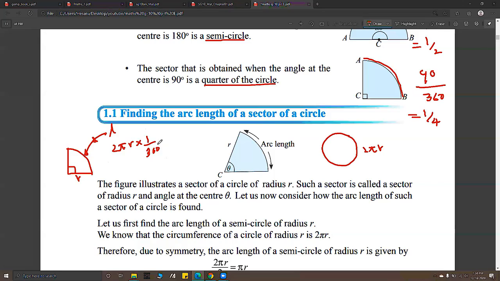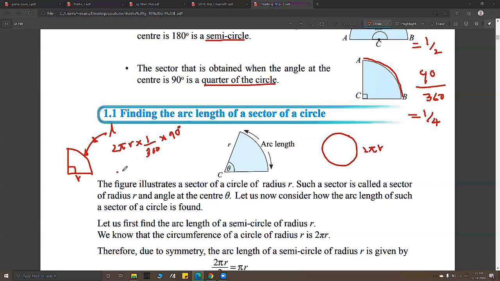Now we divide it by 360, which gives the perimeter for a 1 degree angle. But what you need is for 90 degrees, so you just multiply this by 90.